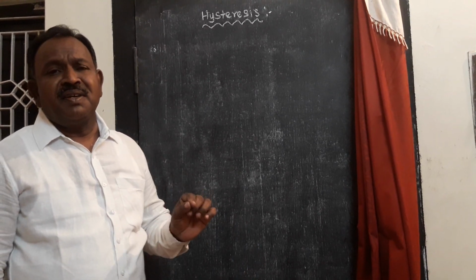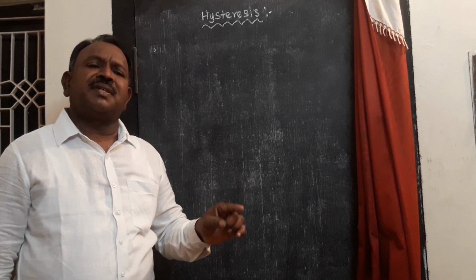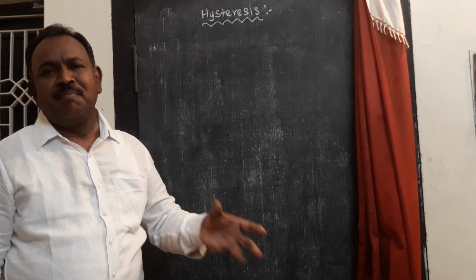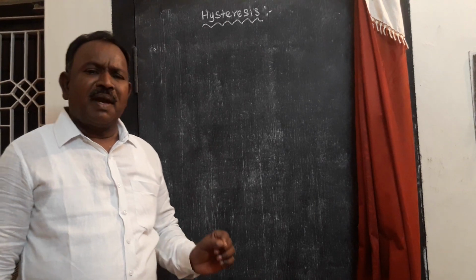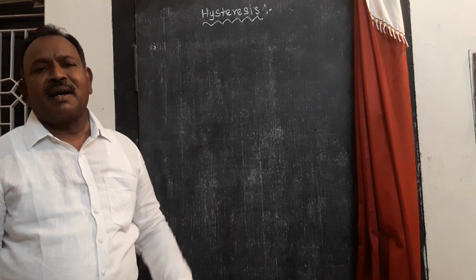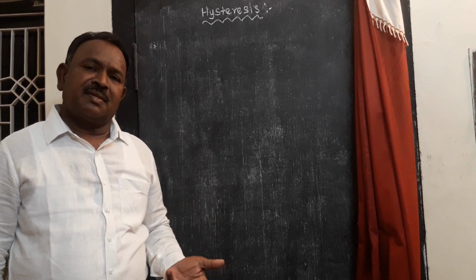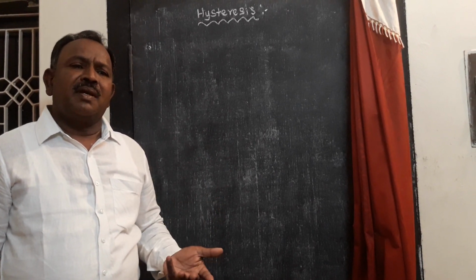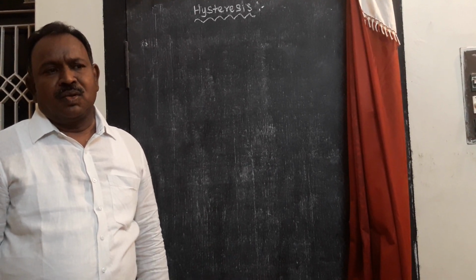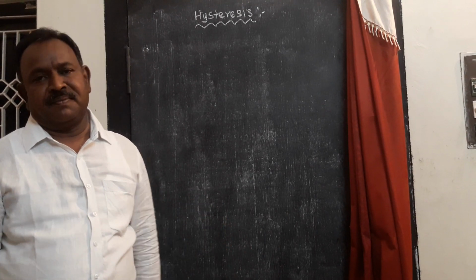The magnetizing field is represented by H, and the magnetization or the magnetic induction is represented by B. As the strength of the magnetic field increases, the magnetic property induced in that material will also increase. So the magnetization depends upon the magnetizing field.